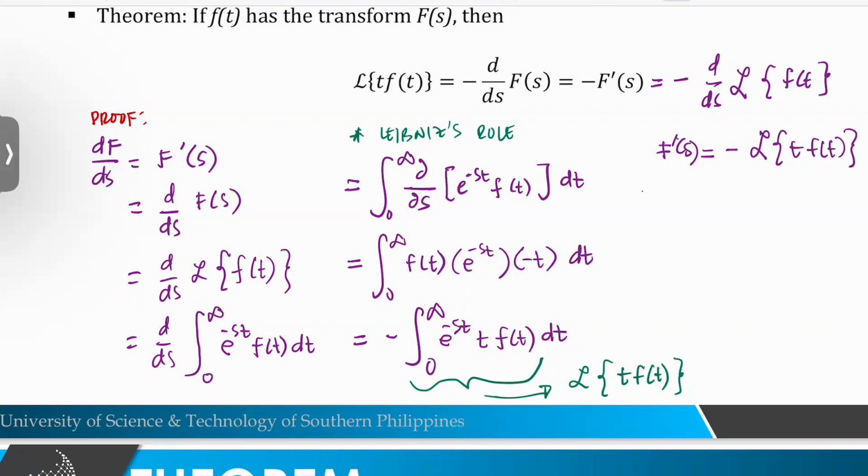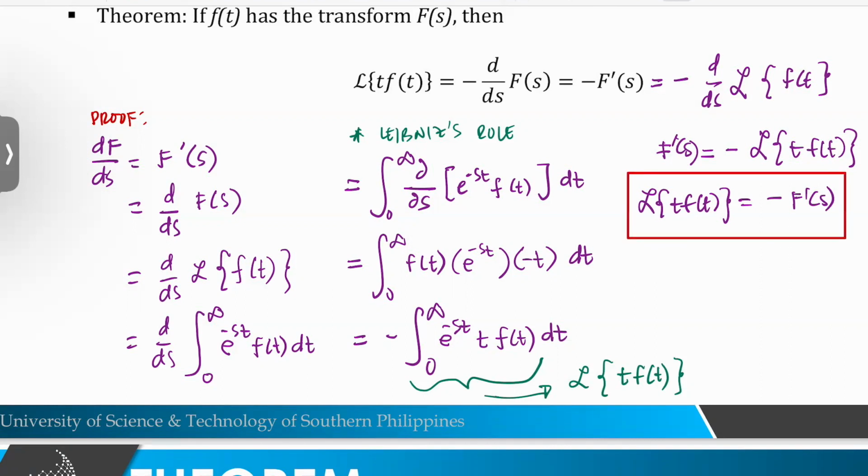That means to get the Laplace transform of tf of t, that is the negative of f prime of s. So we have proven that the theorem is indeed correct. Right? Now, let's go to some example. Let's solve some example.